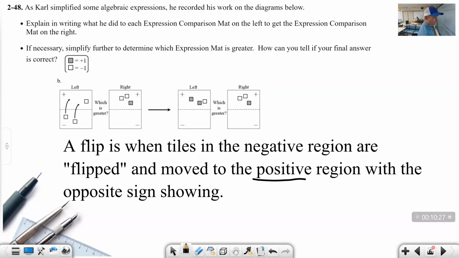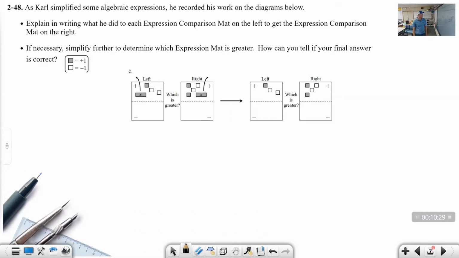Okay, our third legal move. I want you to notice this is when we were doing kind of guess my number, when I said the number 3 and the number 3 and how it really had no effect on the overall outcome. This is a legal move that happens when you have matching tiles in the same region.